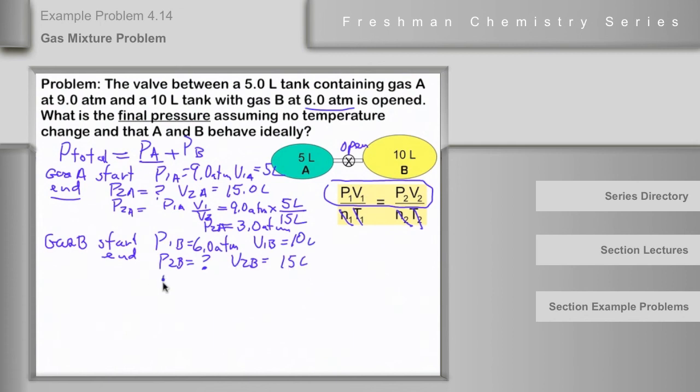So if we solve for this, P2 of B is equal to P1 of B, which is 6 atmospheres, times V1, which is 10 liters, over V2, which is 15 liters. And P2 of B, when I worked that out, I got 4 atmospheres.